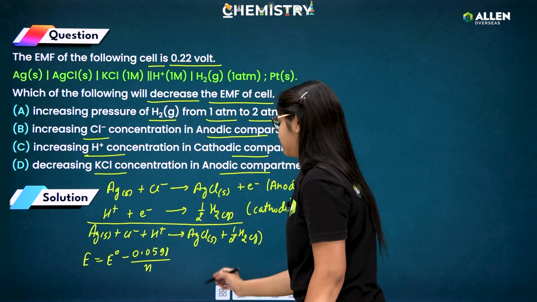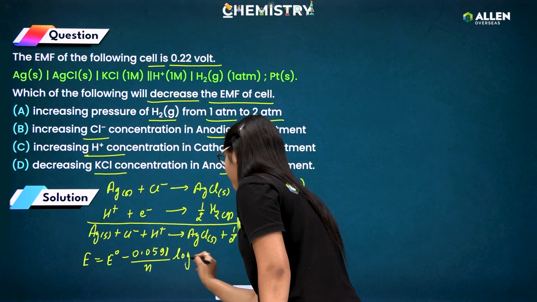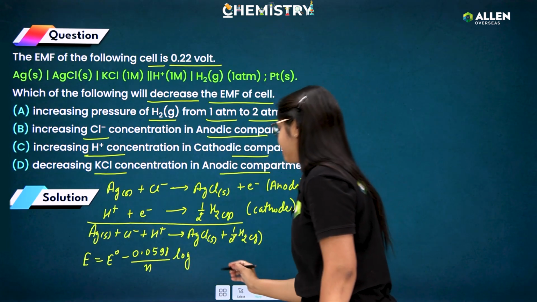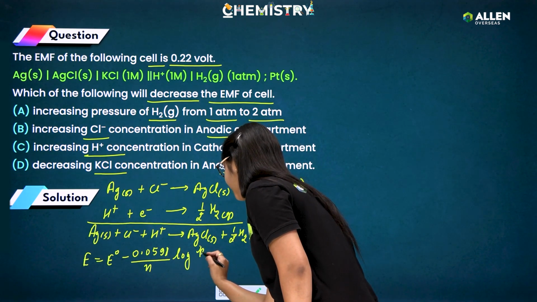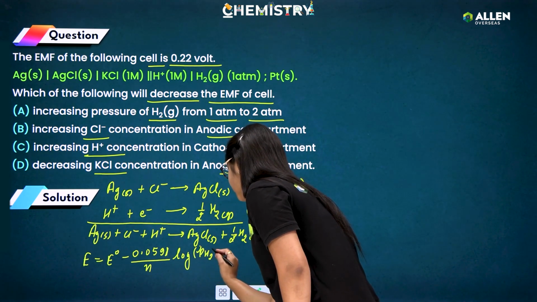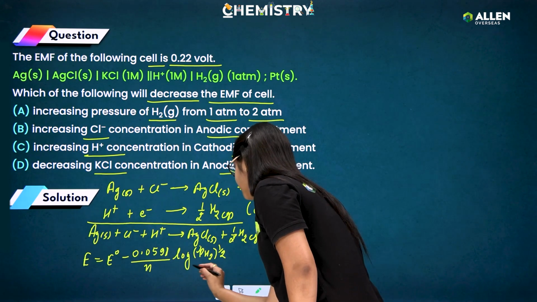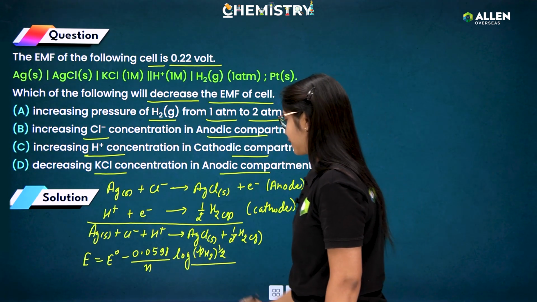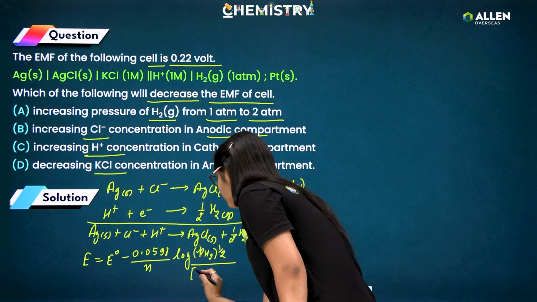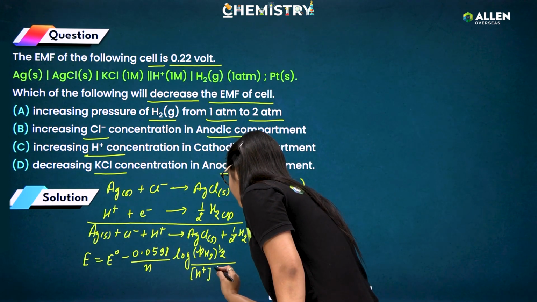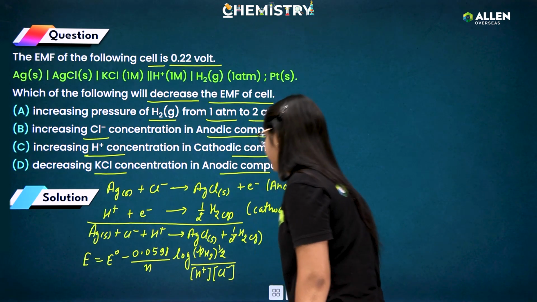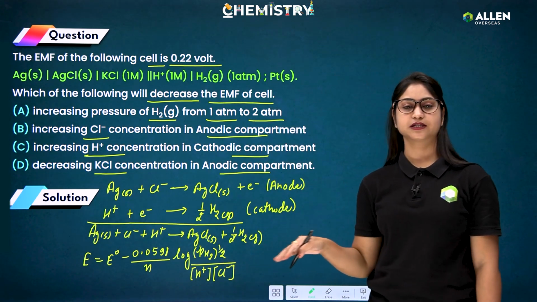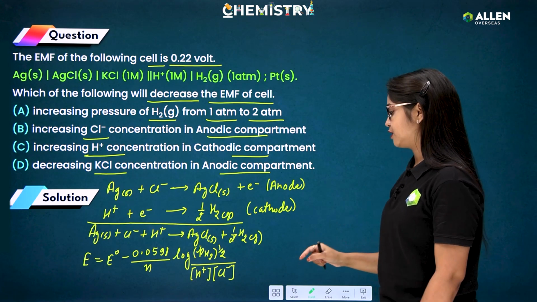Now log, at the product side you have hydrogen gas, so it will be pressure of hydrogen gas raised to the power 1/2, divided by concentration of H plus ion and concentration of Cl minus ion. Okay, this will be the expression for the EMF of the cell, right?